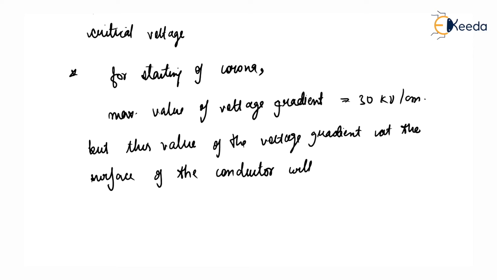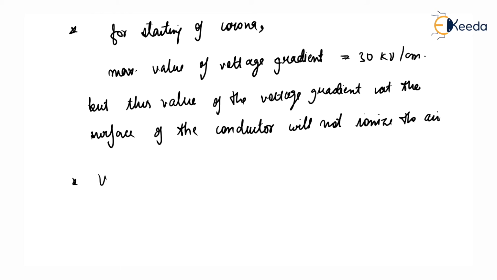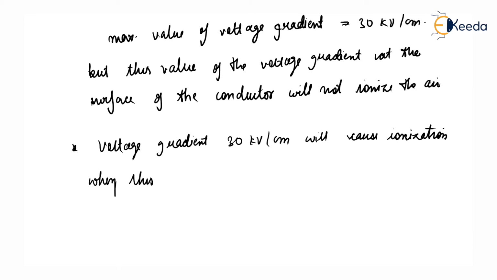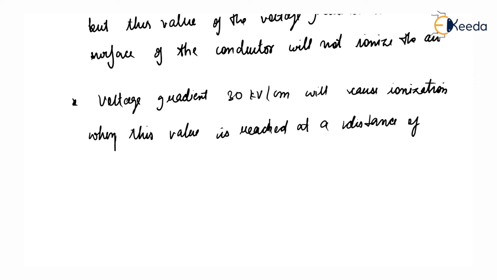A voltage gradient of 30 kV per centimeter will cause ionization when this value is reached at a distance of R plus 0.0301 into root R, the suggested value, from the conductor.